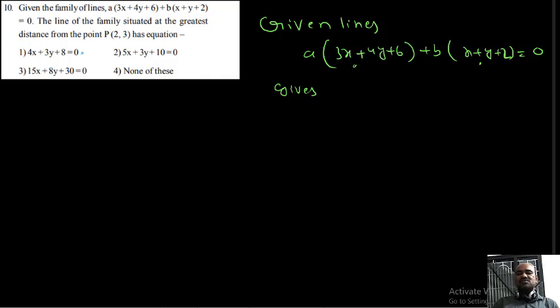What does the point of concurrency mean? It is the point of intersection of those two lines. That is the point of concurrency.